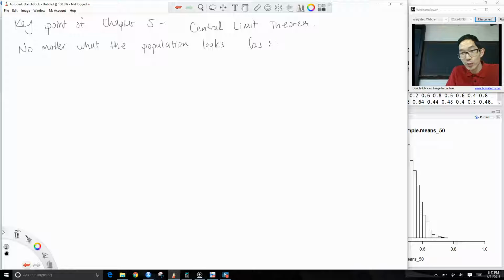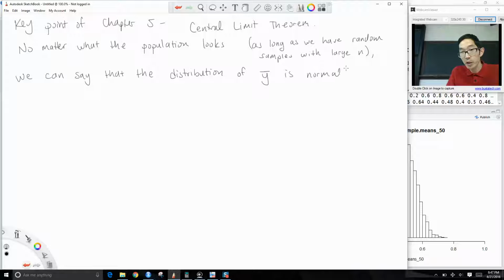As long as we have random samples with large n, the distribution of y bar is normal, with a mean of mu and a standard deviation of sigma over the square root of n, where the mean is the population mean.